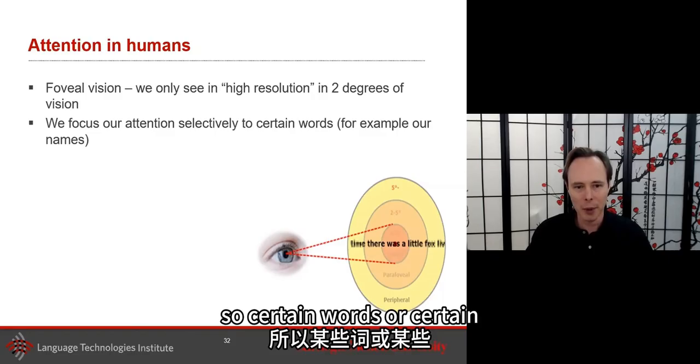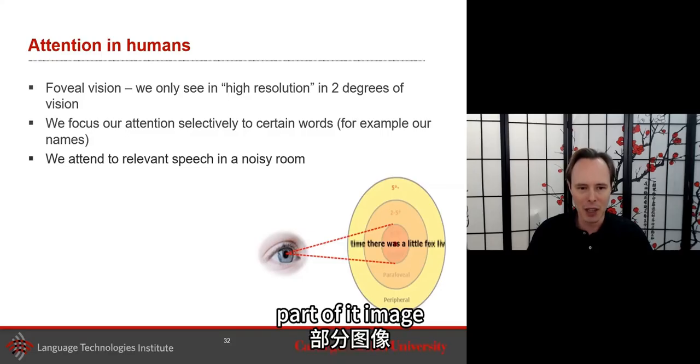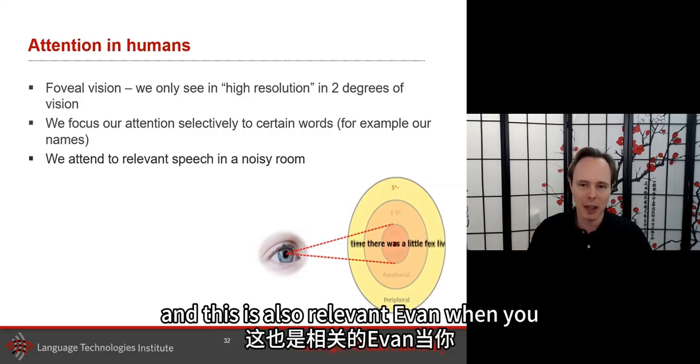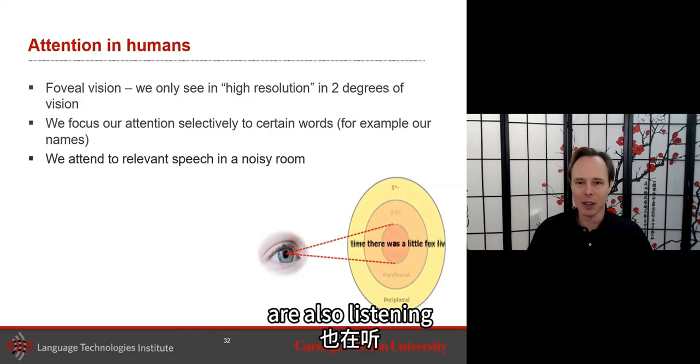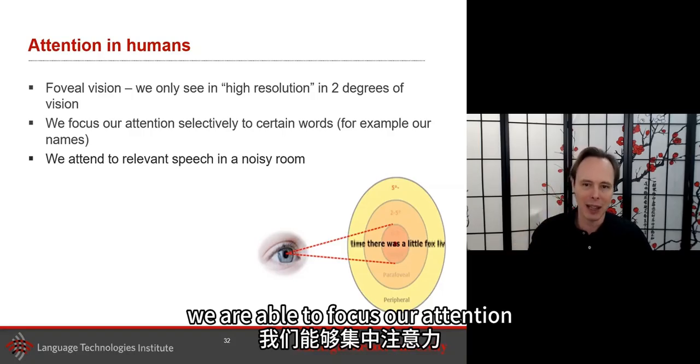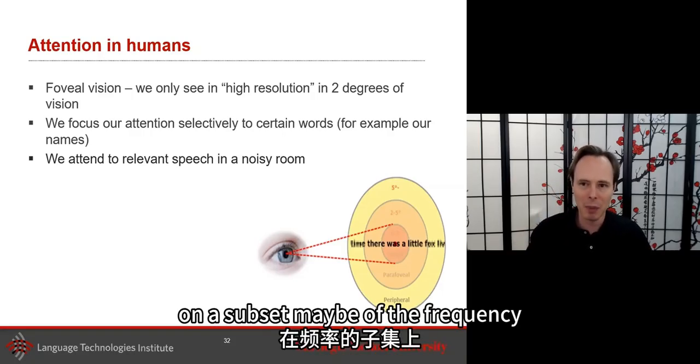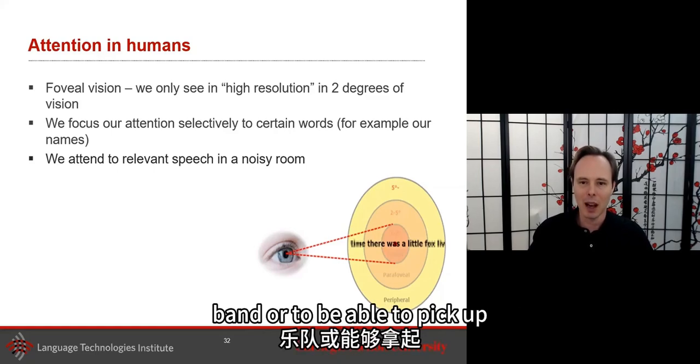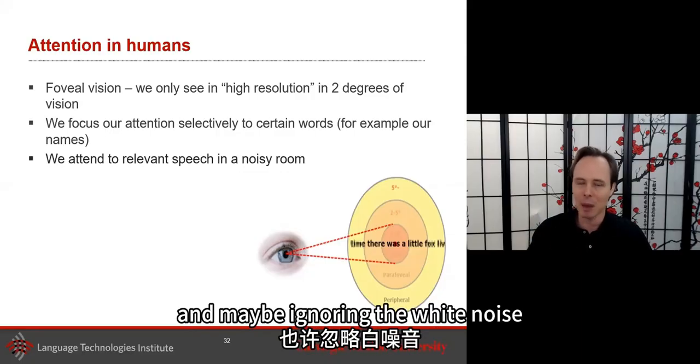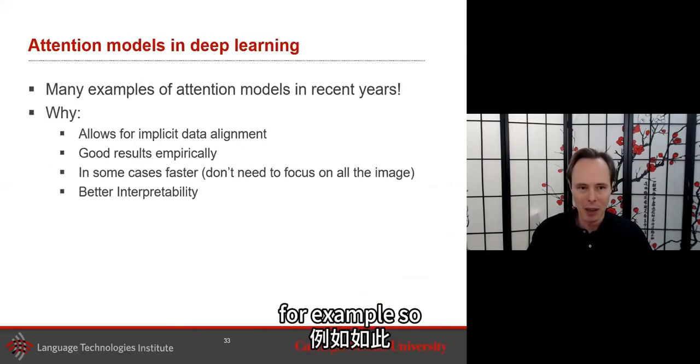at any point in time. So certain words or certain parts of an image, and this is also relevant when you are listening. We are able to focus our attention on a subset, maybe of the frequency band, or to pick up a certain person talking and maybe ignore the white noise, for example.